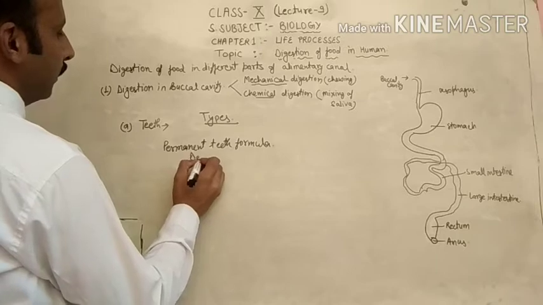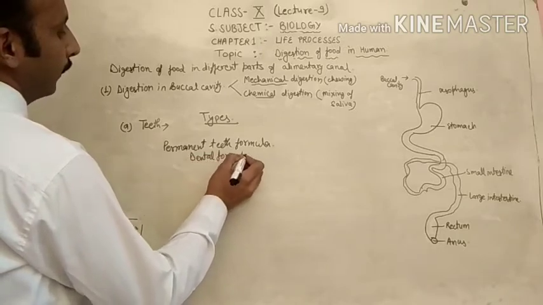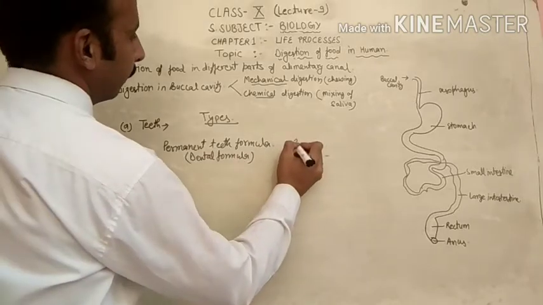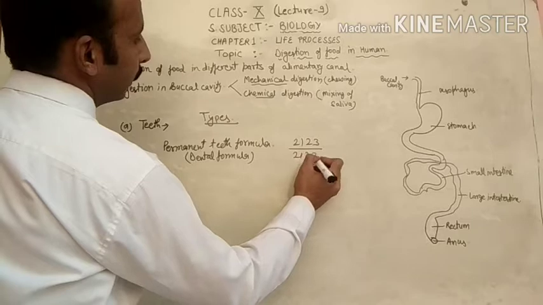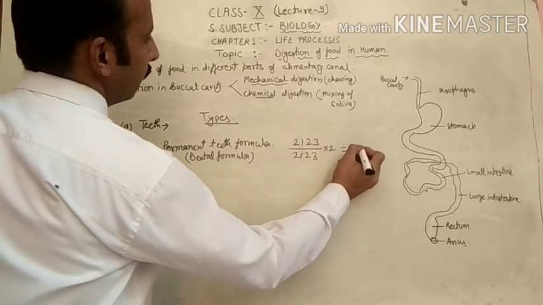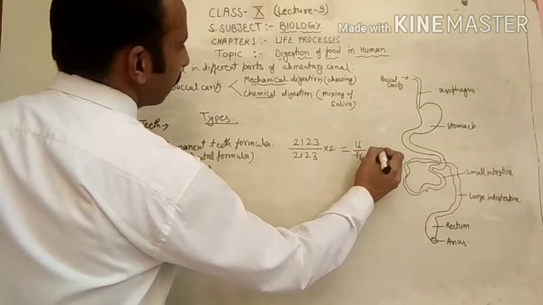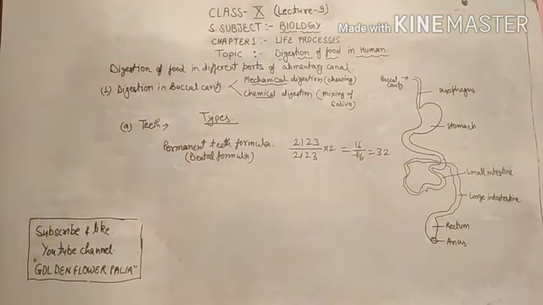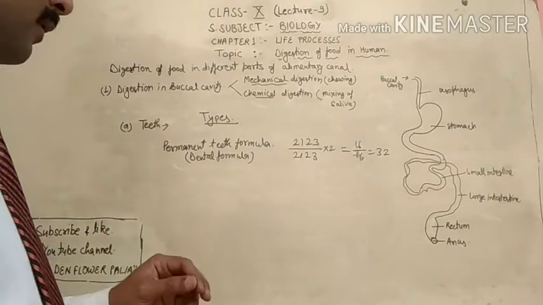This is called the dental formula. 2123 upon 2123, into 2, is equal to 16 by 16, is equal to 32. This is the permanent teeth formula or the dental formula.